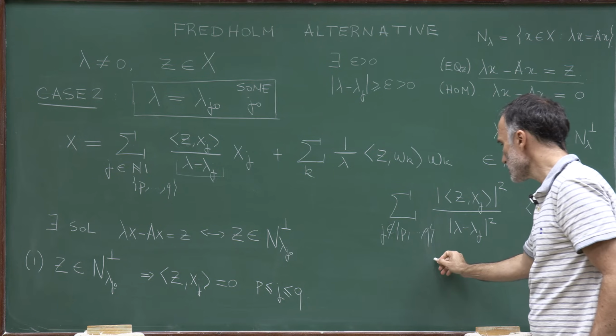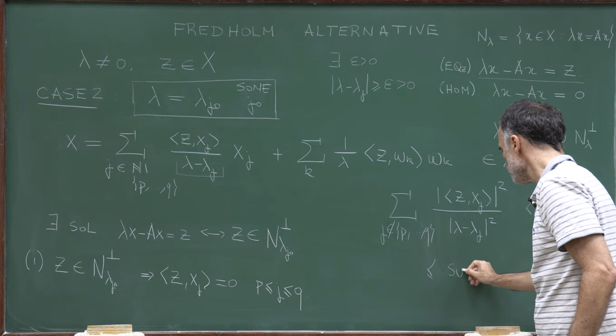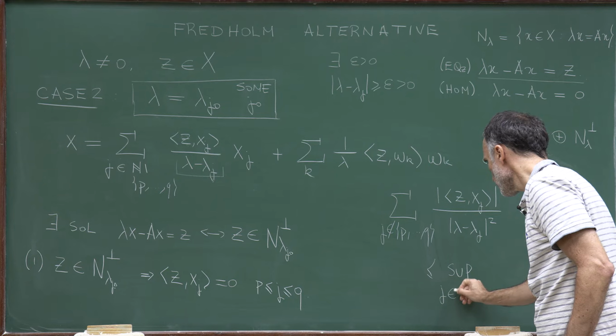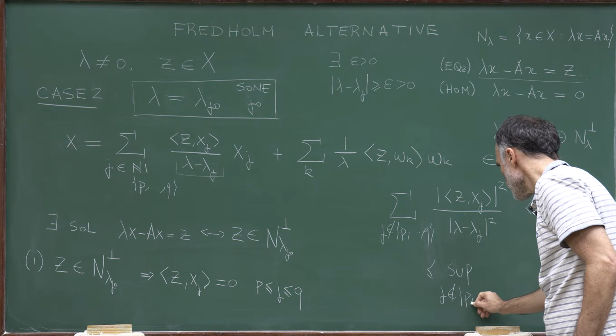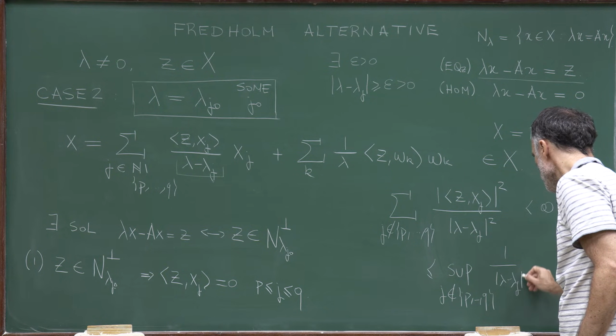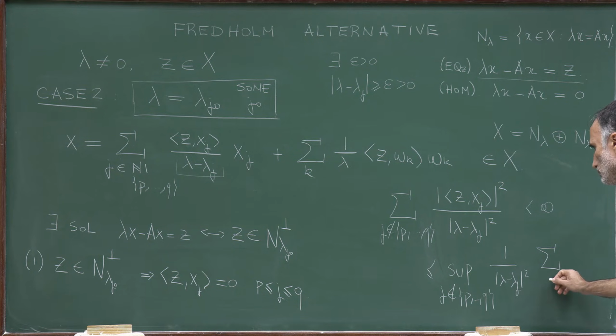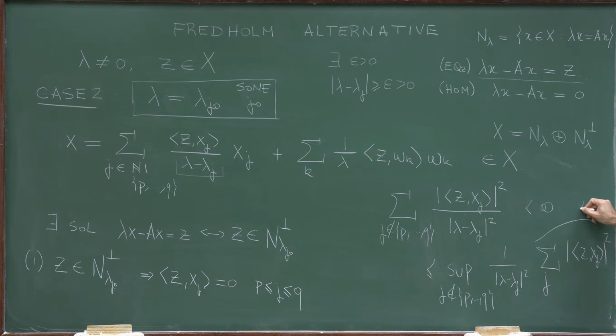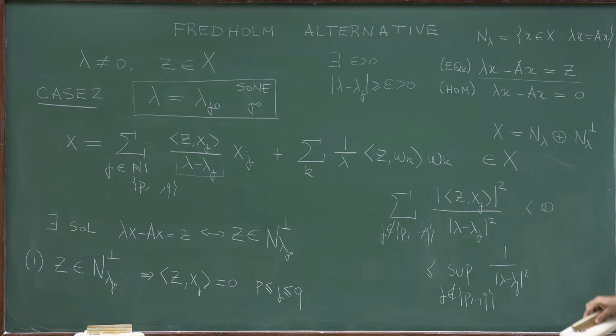But again, I will estimate that sum as the supremum for j not in the set pq of 1 over lambda minus lambda j square times the sum for all j now of z xj square. So this one is bounded by the norm of z square, which is finite. And this one, we already showed that it's finite. So now we have to bother with this one.